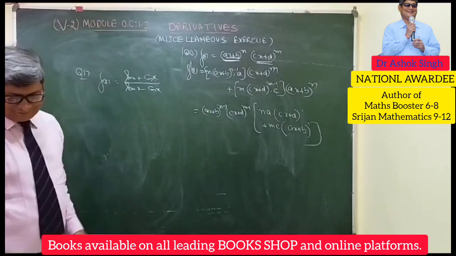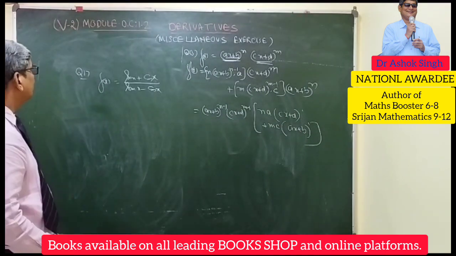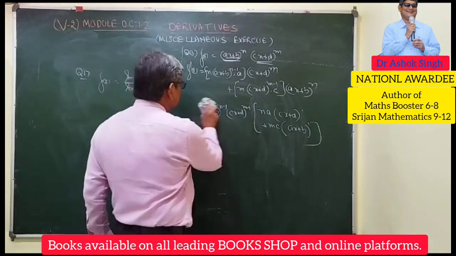Now we have question number 17, (sin x plus cos x) by (sin x minus cos x).